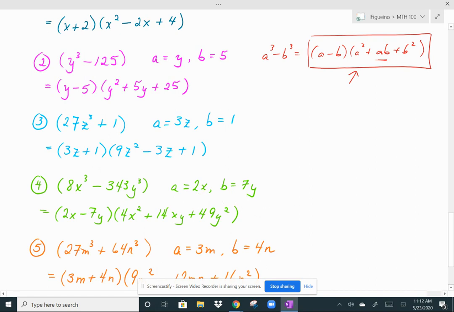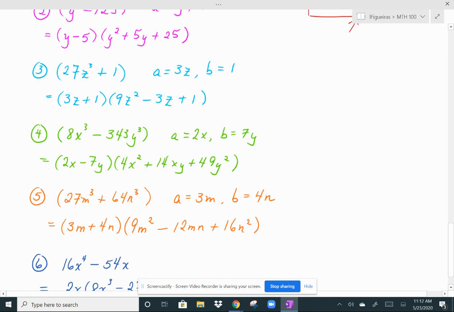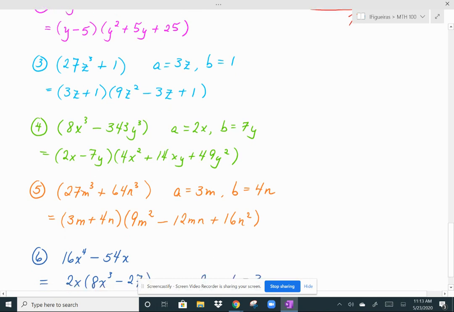Okay, now we have 27m cubed plus 64n cubed. All right, 27m cubed, that means that a is 3m. My b is 4n, because 4n times 4n times 4n gives me 64n cubed. Then we have to plug into the first formula.